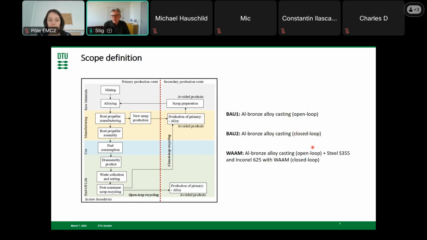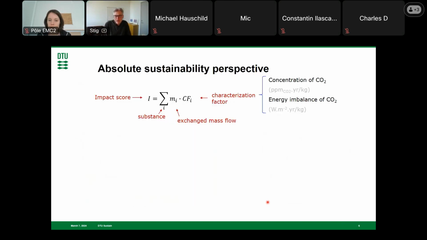And then the WAAM scenario would be, of course, partly the open loop and partly a steel and Inconel closed loop use. So these are the scenarios. So what is the absolute sustainability perspective that we are looking at?